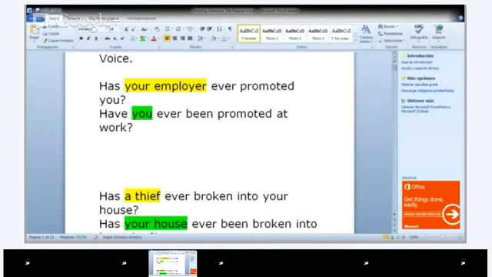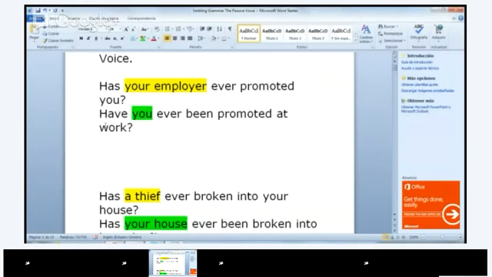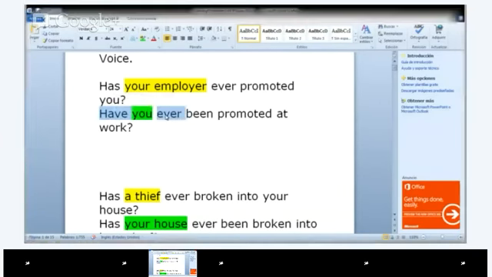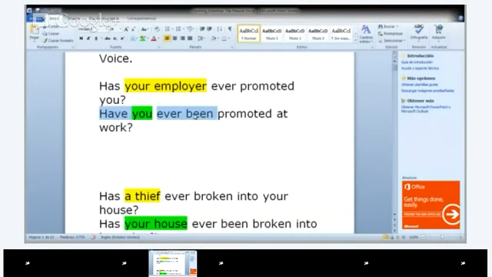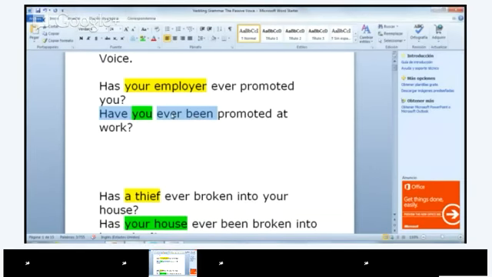And so in the passive voice, the combination is you as the new subject, that's green. You can see that I'm highlighting that. And then the verb tense, have ever been. Now this is the verb tense, present perfect.